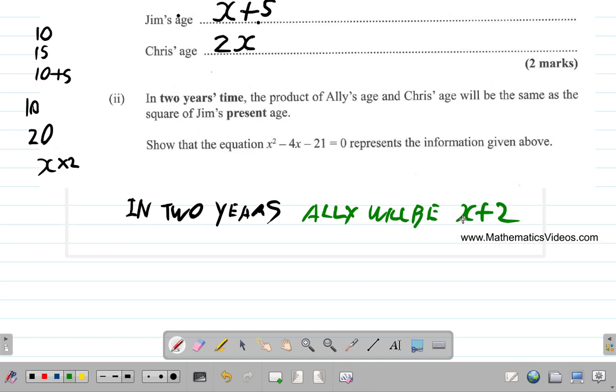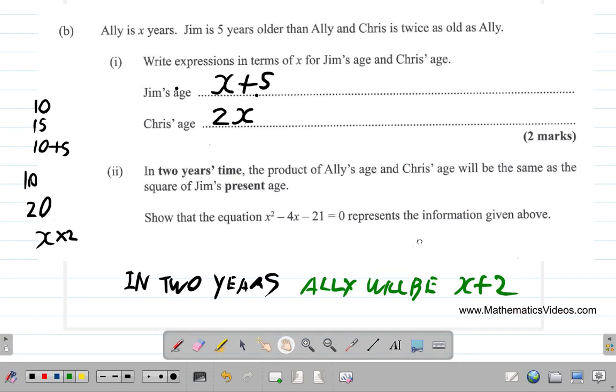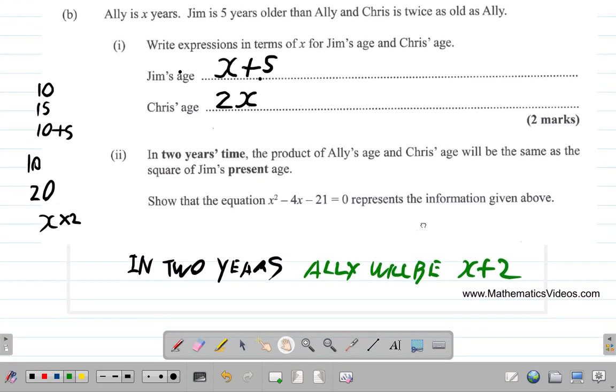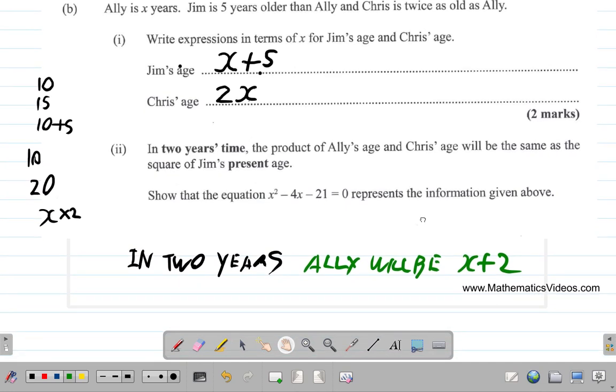Whatever Ali is now, if Ali is 10 now, in 2 years Ali is going to be 12. So if Ali is X now, Ali is going to be X plus 2. 10 plus 2, X plus 2. So, in 2 years' time, Ali is going to be X plus 2, if Ali is X now.